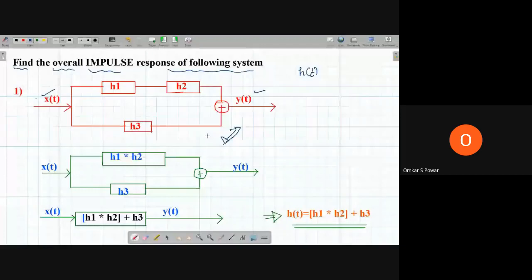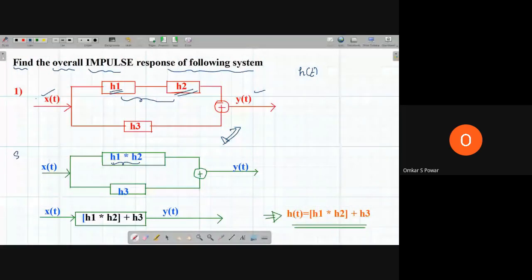First, since h1 and h2 are in series, we are going to convolve them. So write the block diagram: input x of t, output y of t, and everything else stays as it is. Convolve h1 with h2, so this is h1 convolution h2. This is your step 1.